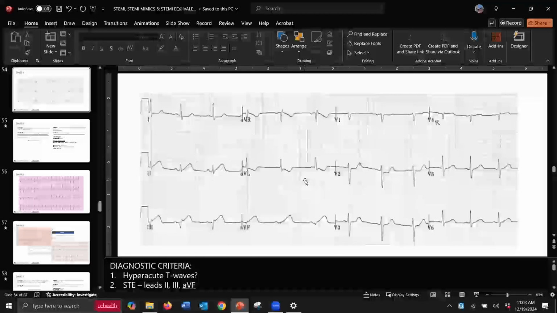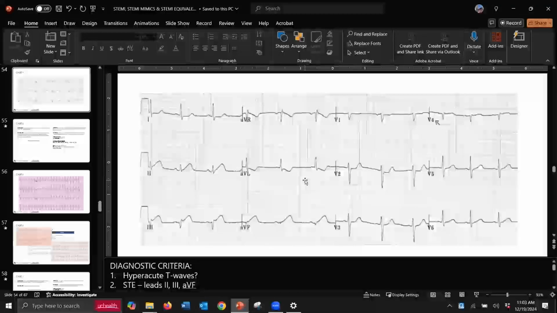What do you think in the virtual crowd? What is this, STEMI? STEMI equivalent or STEMI imposter? This is actually a really cool EKG. STEMI equivalent. I got inverted T's and aVL elevation in 3.